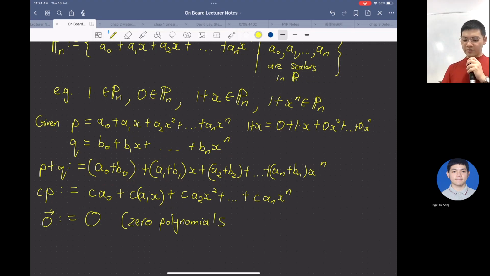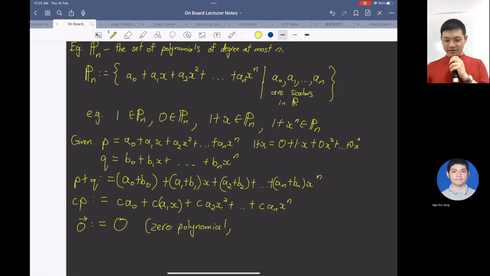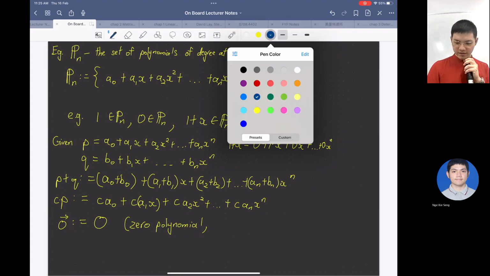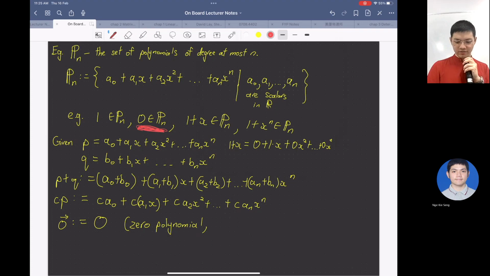How do we realize the zero polynomial in this set? Why is the zero polynomial in the set? What's the definition of the set?